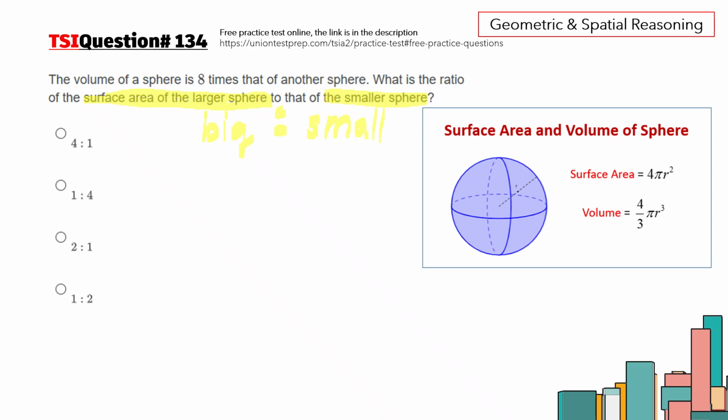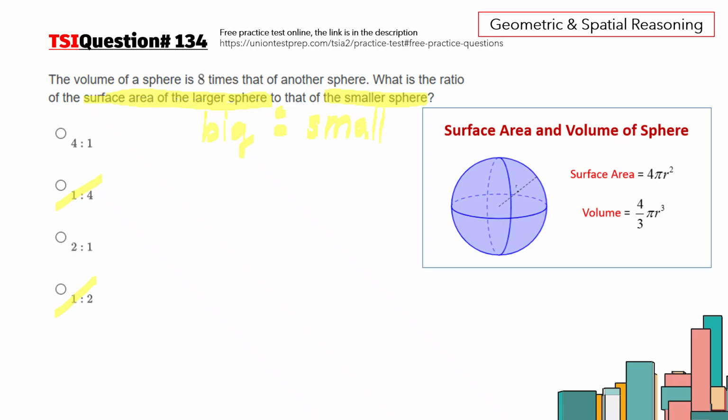You see this one, 1 to 4, we eliminate because 1 cannot be the bigger number compared to 4. And also 1 to 2. Those are the two choices we can eliminate right away.